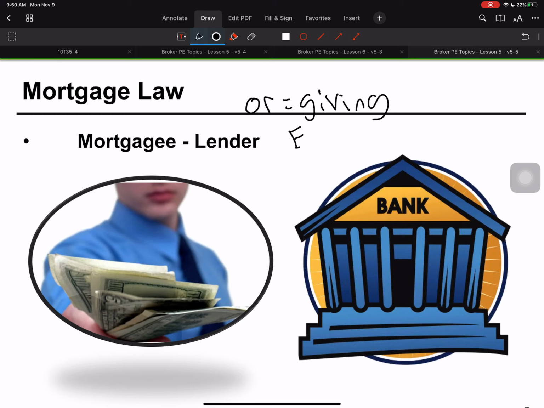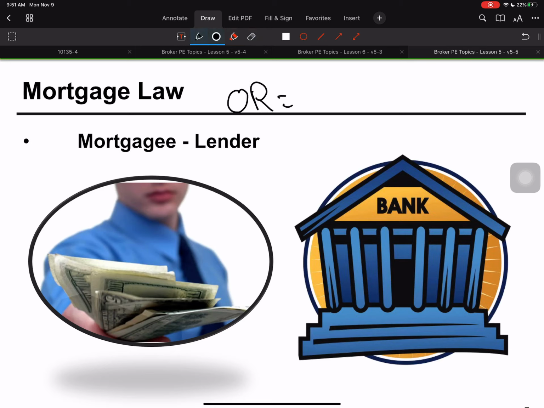Anytime we see an EE, it means we are receiving. And if I misspell, I apologize. So the borrower is the mortgagor and pledges the land to the lender, who is the mortgagee, as security for the debt.